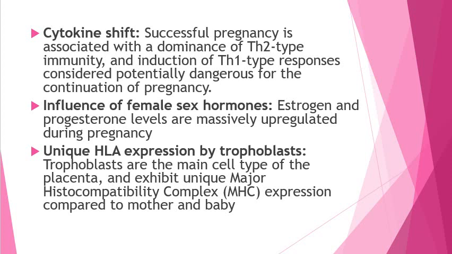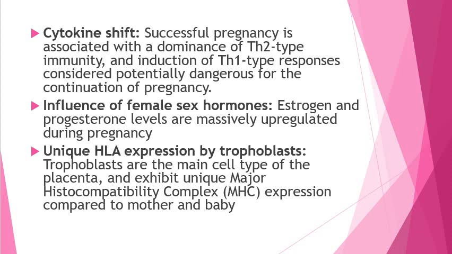Then there is the unique human leukocyte antigen expression. The trophoblasts are the main cell type of the placenta, and they exhibit unique major histocompatibility complex expression compared to the mother and baby.